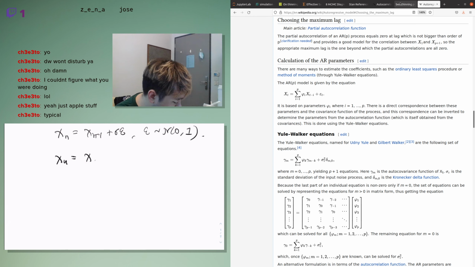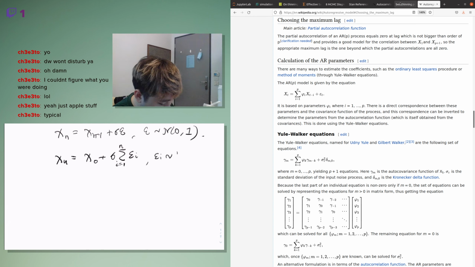I can say there's x_0 plus the sum over i, where i equals 1 to n, where x_0 is your initial state, and each epsilon_i is distributed as a standard normal. Let's just call this a 1D process.